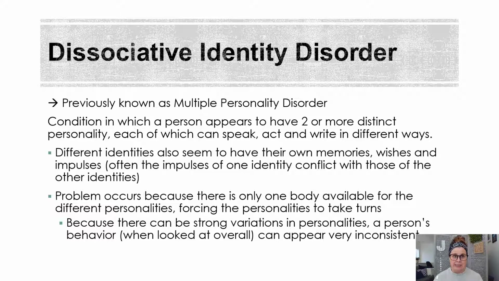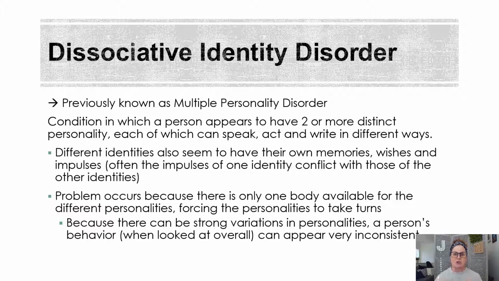With DID, a person appears to have two or more very distinct personalities. These personalities can speak, they carry out tasks, and they even write, sometimes in very different handwriting. Sometimes one personality could be right-handed and the other personality could be left-handed.